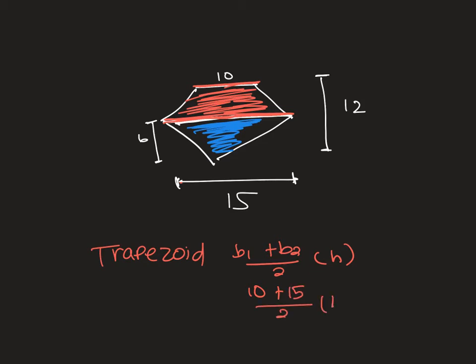We divide that by 2, and then we need to get the height of the trapezoid. So the height is going to be from this top to the bottom. Now it tells us that the total height here is 12 of the entire shape, and then it tells us that this partial height here is 6, which means 12 minus 6 gives me 6. So I have 6 left for the trapezoid.